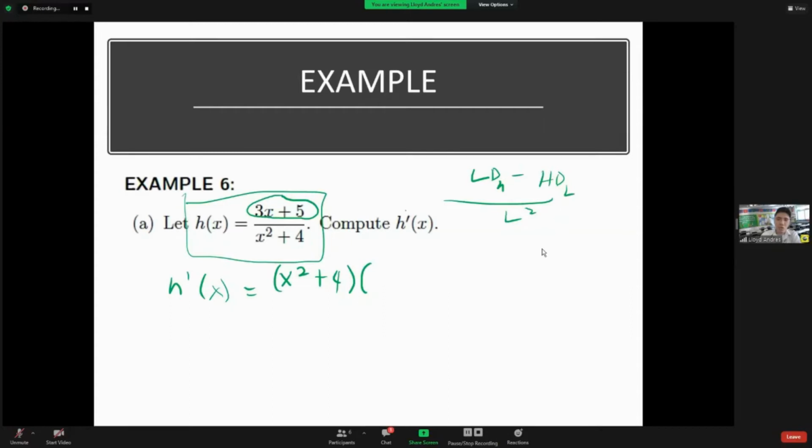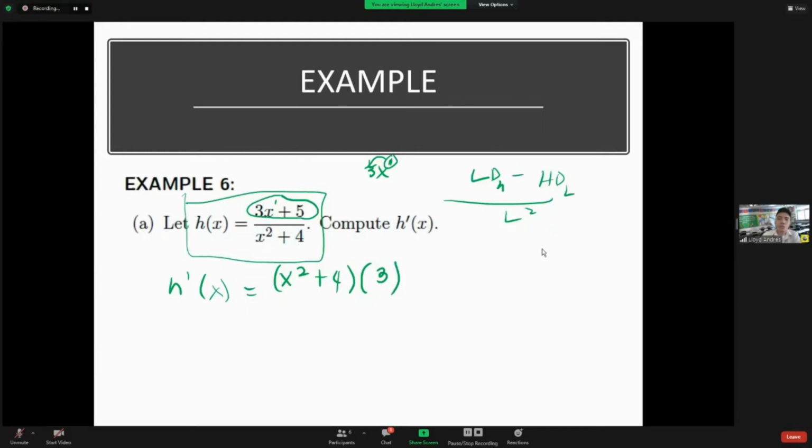For 3x, the exponent is 1, so the variable disappears, and we get 3. The derivative of 5, a constant, is 0. So 3 only.